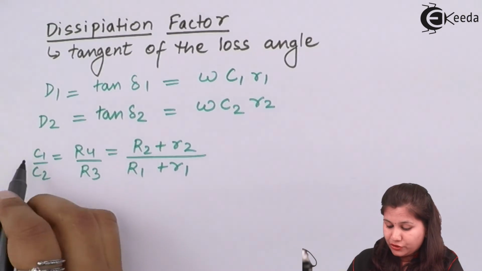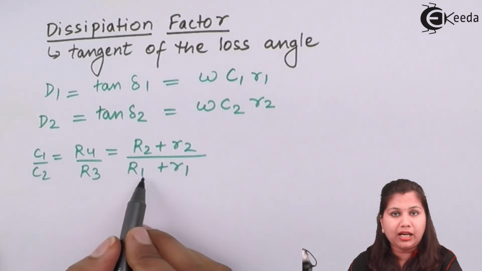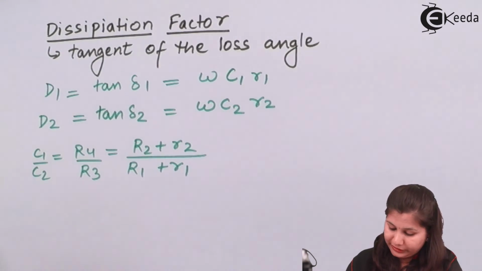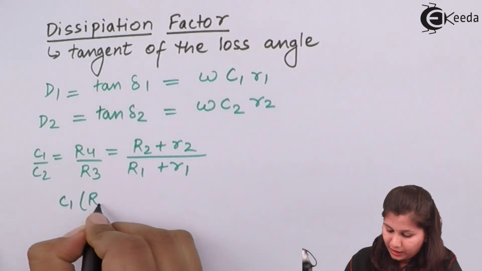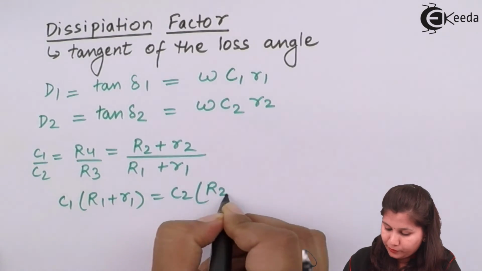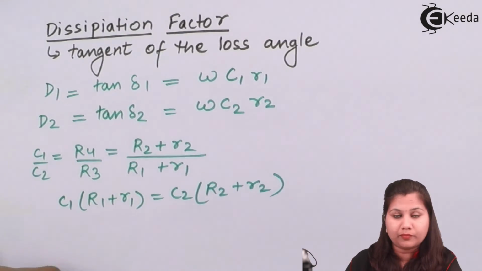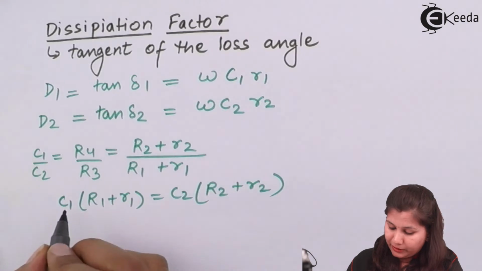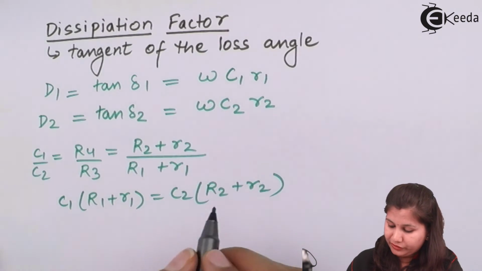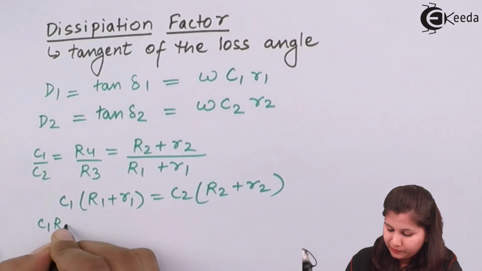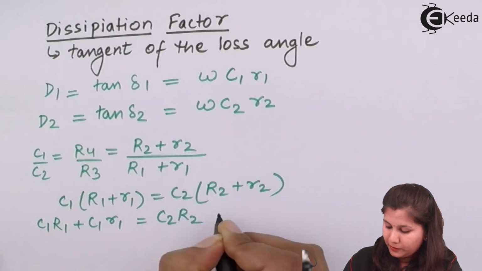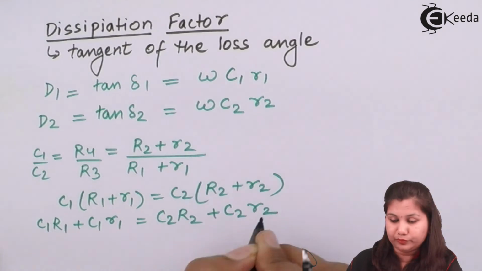If we multiply C1 with R1 plus small r1 and C2 with R2 plus small r2, we will get C1 times R1 plus small r1 equals C2 times R2 plus small r2. So if we multiply this C1 inside the bracket and C2 inside the bracket, what we will get is C1 R1 plus C1 small r1 equals C2 R2 plus C2 small r2.